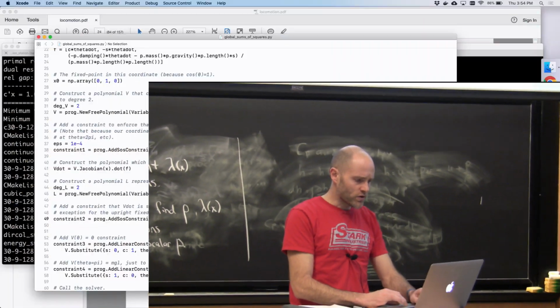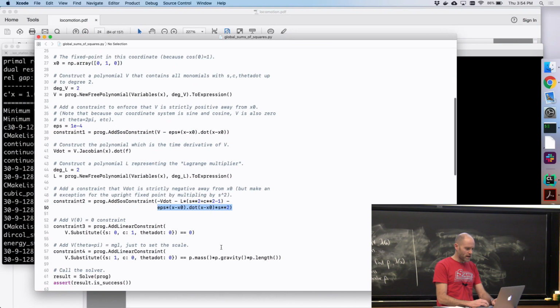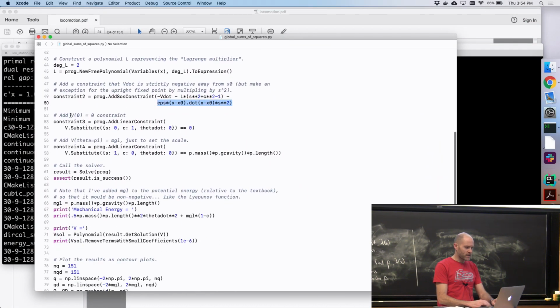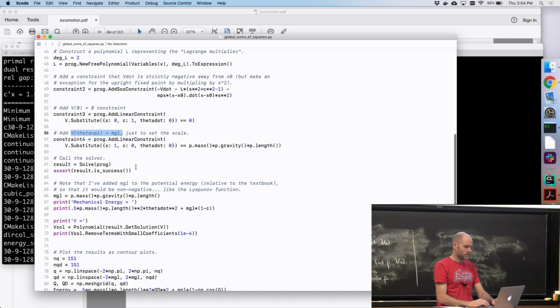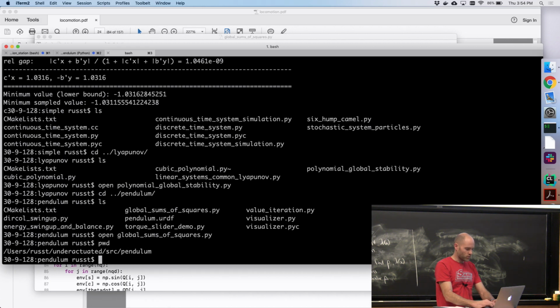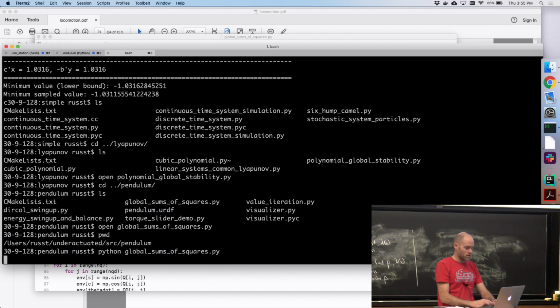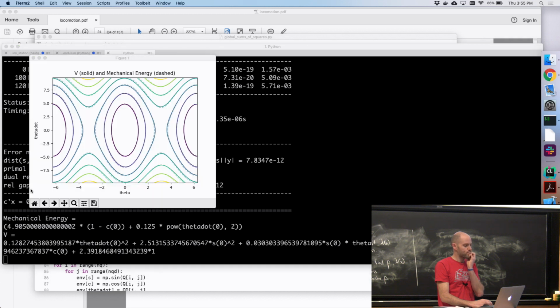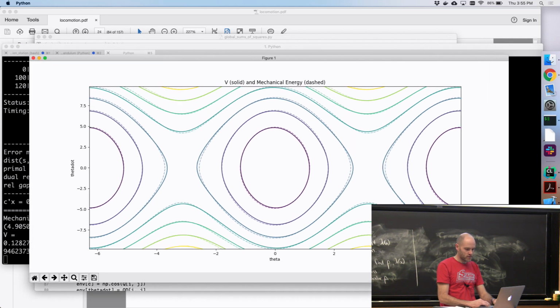Okay, in all these cases, I add a little bit of scaling to help it out. I set my v 0 equals 0. I set some scaling for v. I call my solver, and guess what? This is what comes out.